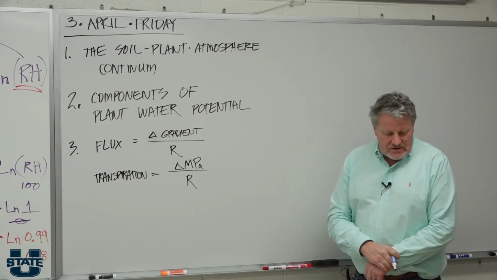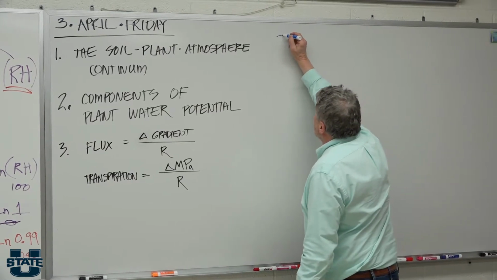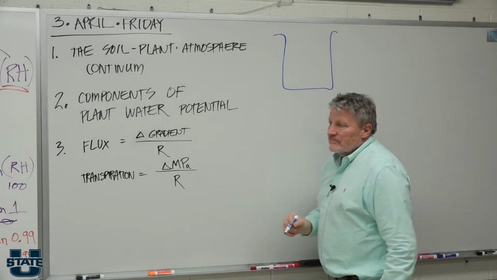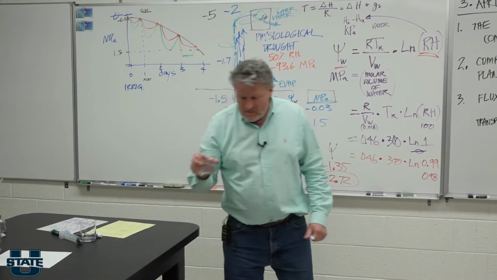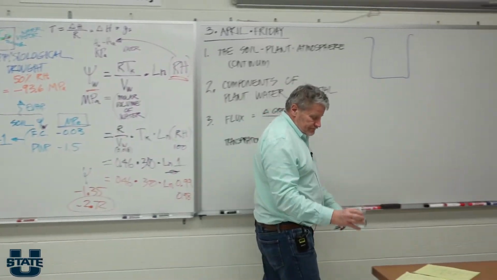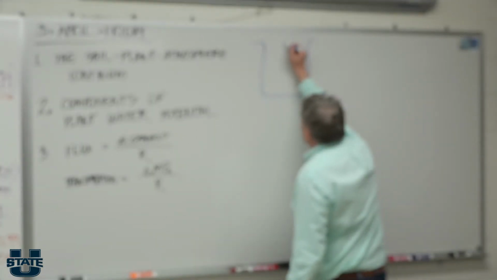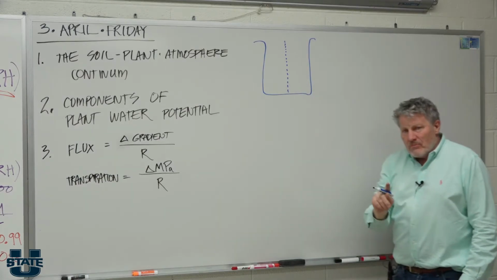But let me start with an example before you even talk about components. Here is a beaker, just like this beaker here, with water in it. Only this beaker, we're going to put a semi-permeable membrane.